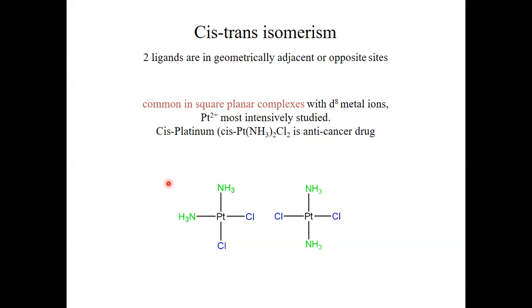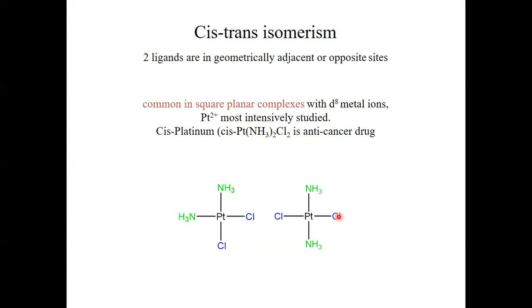You see the structure of cisplatin here. Like I just said, you see that the amine ligands are adjacent, and the two chloro ligands are also adjacent. If we had a trans platinum complex, the structure would be this one here. In this structure, obviously, the two amine ligands are in opposite positions, and the two chloro ligands are in opposite positions as well.